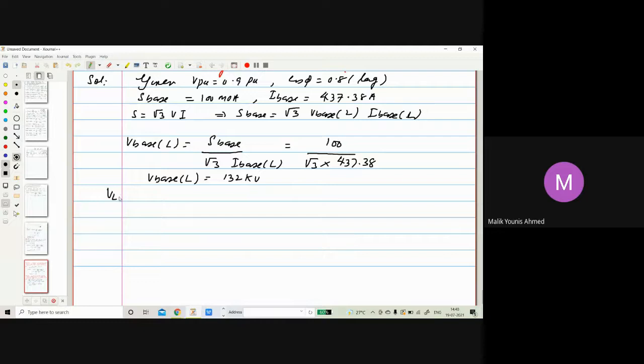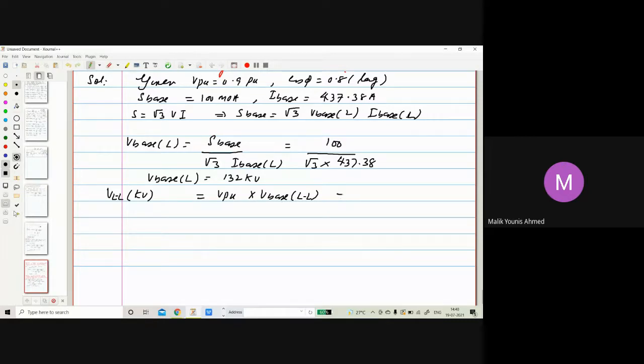So V line to line in kV is V per unit multiplied by V base line to line. The actual value is base value into per unit value, because per unit value is actual value divided by base value. So actual value will be per unit value multiplied by the base value.